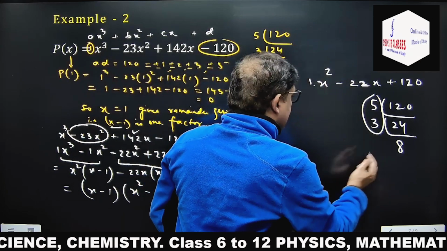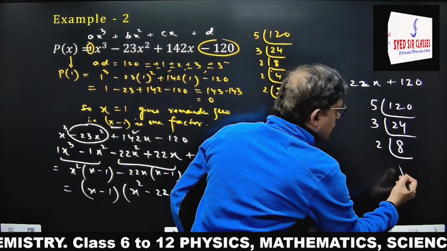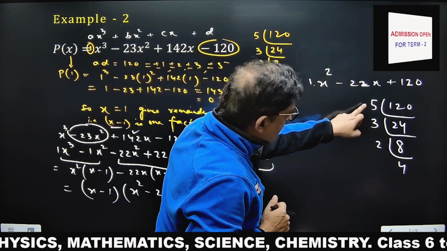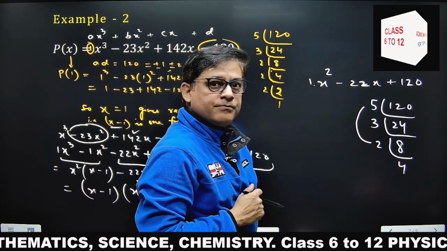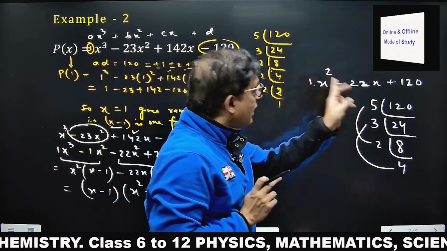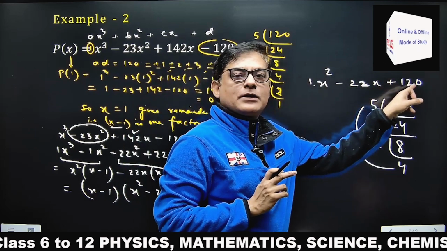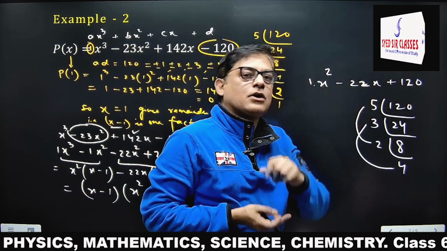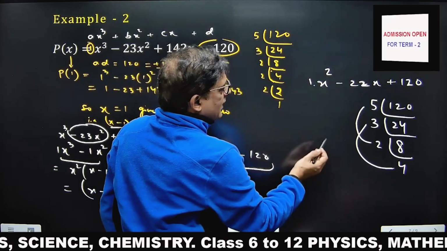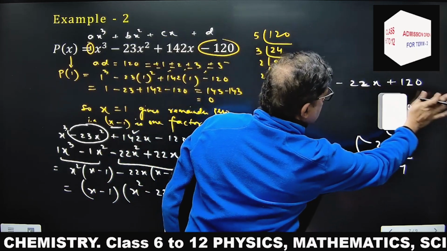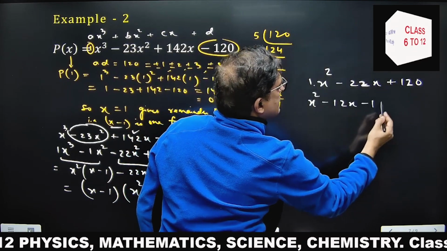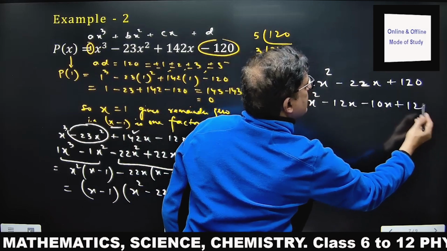So what I did, I started again. Look, check: 5 2s are 10, 3 4s are 12. Now I got two numbers, 12 and 10, whose product is 120, and 12 and 10 on addition are also giving me minus 22. That is why I found these two factors as x square minus 12x minus 10x plus 120.